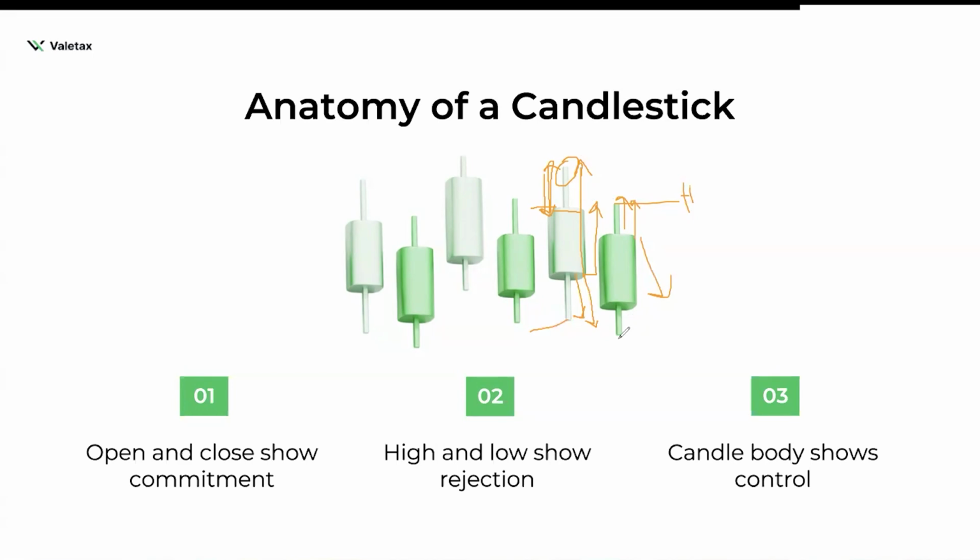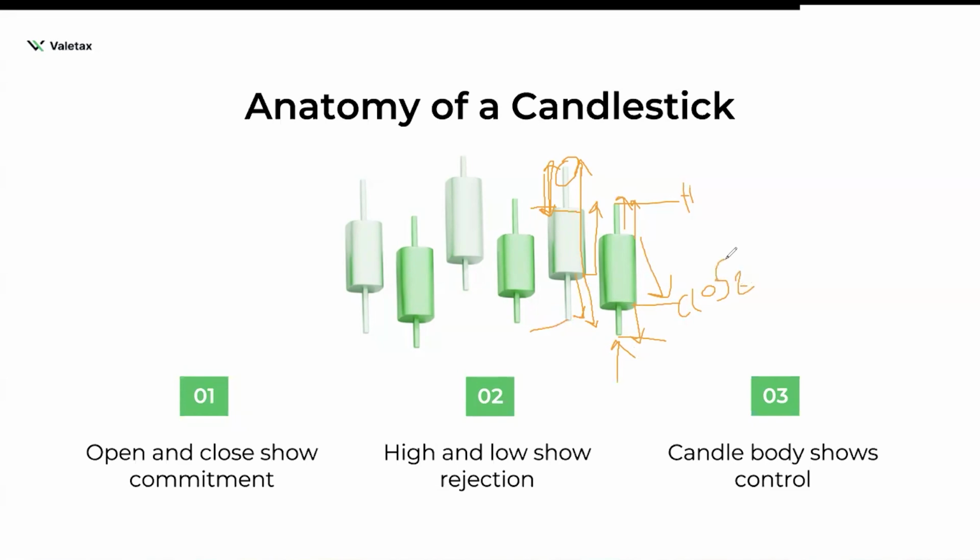Now the low on a bearish candle is as a result of the lowest point possible that the bears could get to on that candle and the involvement of buyers to reject them and bring prices back towards the close price of the candle, the closing price. Okay, so this is the close.